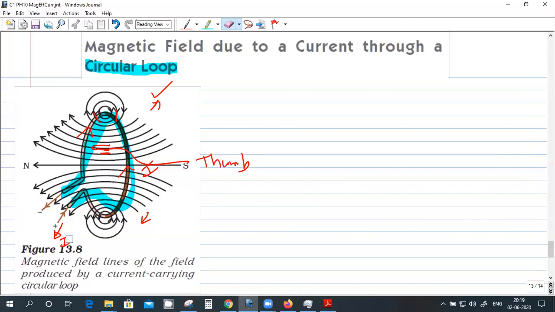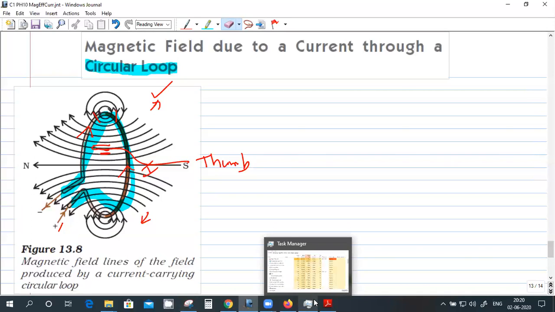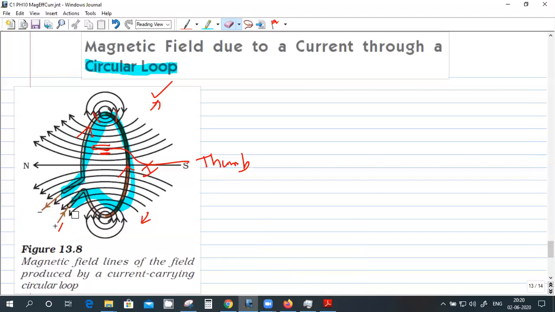I made a mistake here. So it's entering here and then coming out here. Everything is correct. Think carefully.